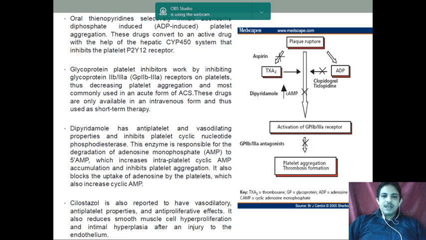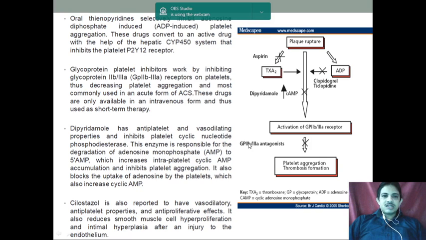Dipyridamole is an antiplatelet drug with vasodilation property. It acts on cyclic nucleotide phosphodiesterase, the enzyme responsible for the degradation of cyclic AMP to 5'-AMP. In this case cyclic AMP increases, so platelet aggregation is inhibited.